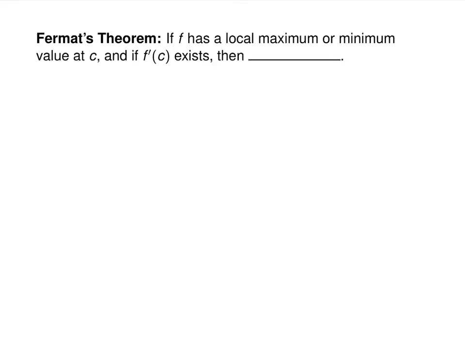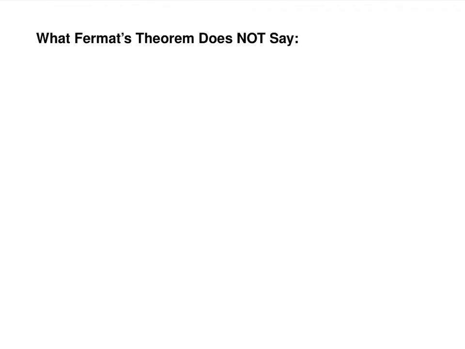So Fermat's theorem says that if f has a local max or min, and if the derivative exists, then the derivative is going to be equal to 0. Now, what it does not say, one thing.